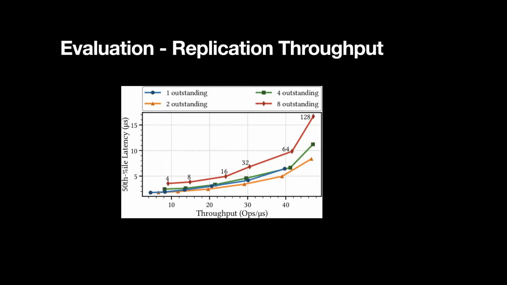The saturation is reached at about 45 operations per microsecond. And the authors basically attribute this bottleneck to copying the request data from the client to the memory region on the server side, which is in use for RDMA.